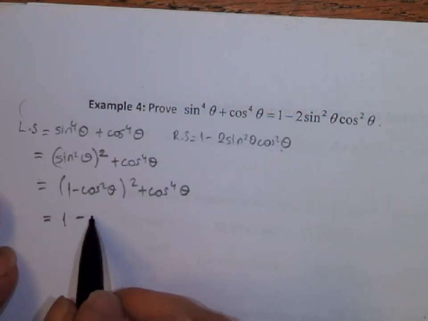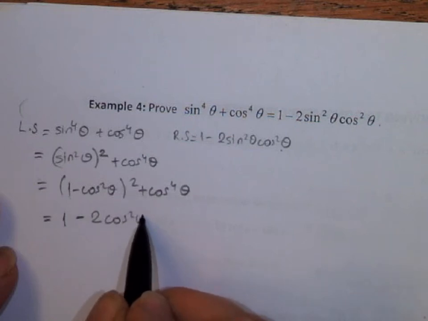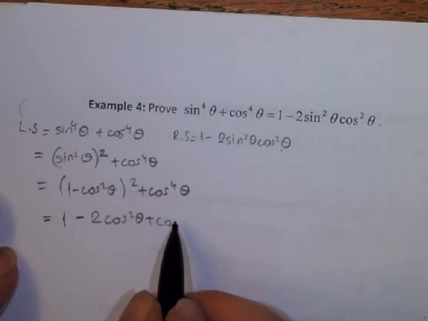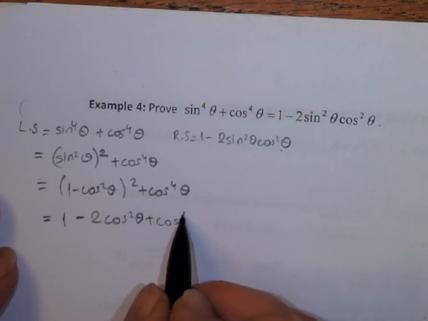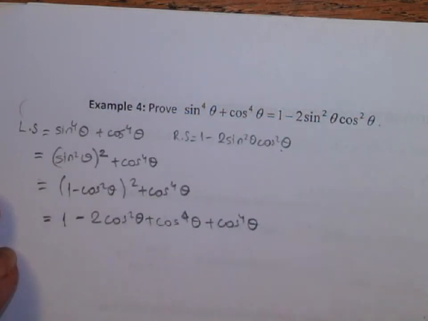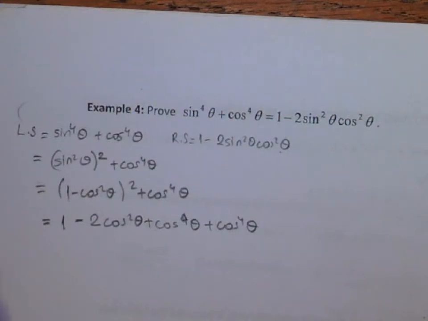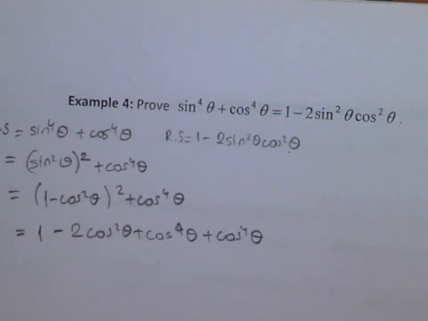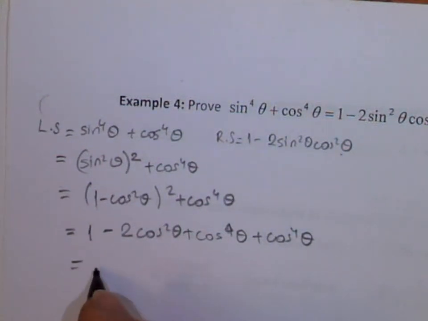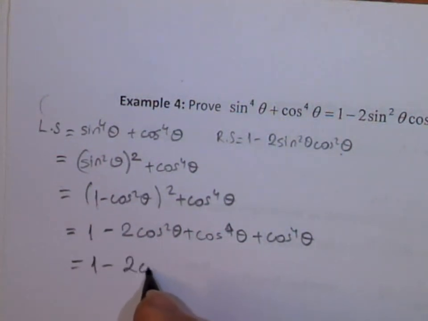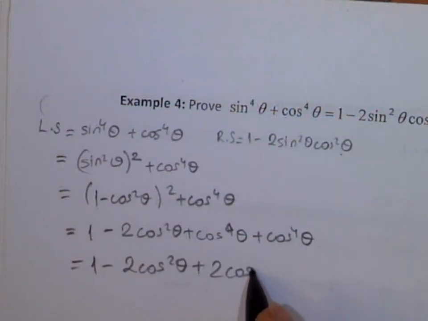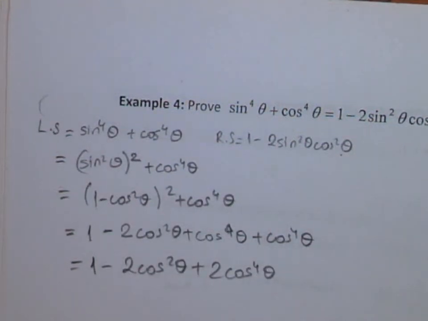So you get negative 2 cos square theta plus square of cos square theta gives you cos to the power of 4 theta. Okay, so far we have 1 minus 2 cos square theta plus 2 cos to the power of 4 theta.